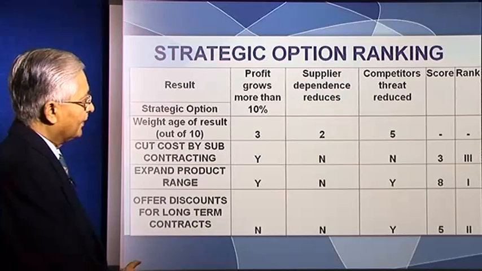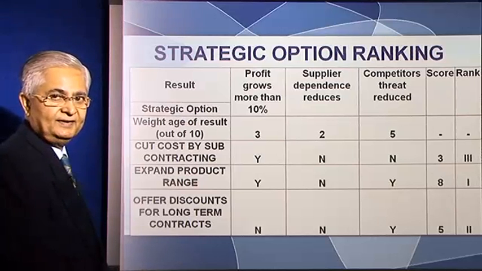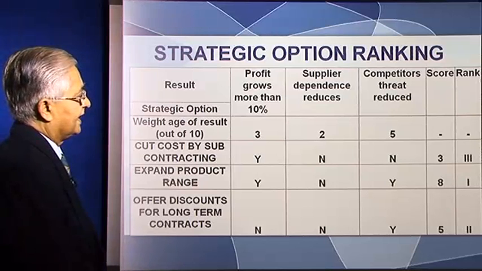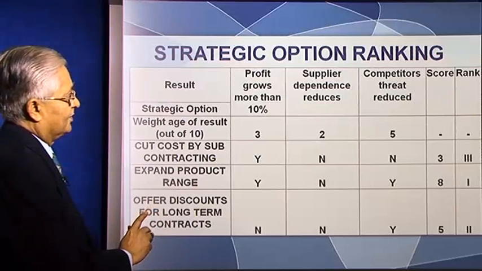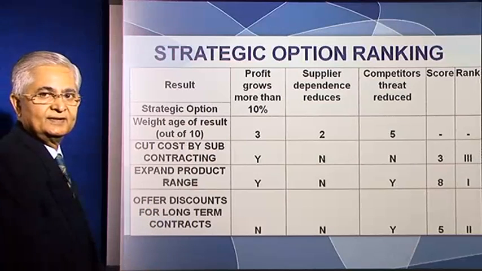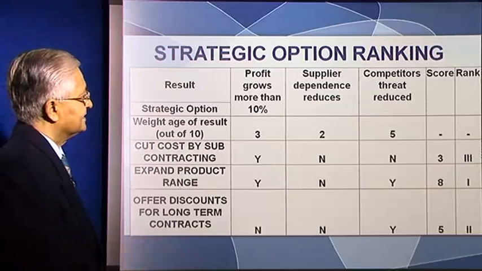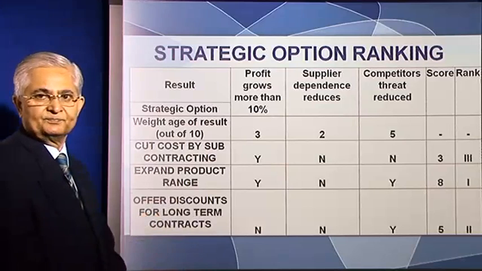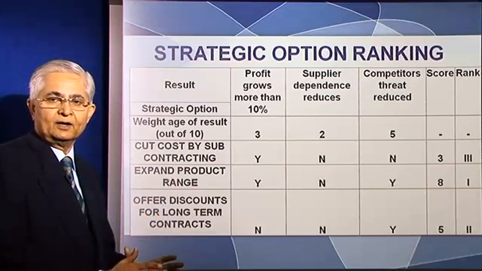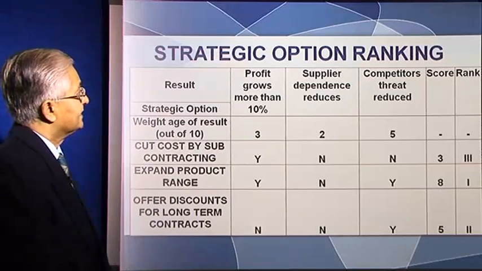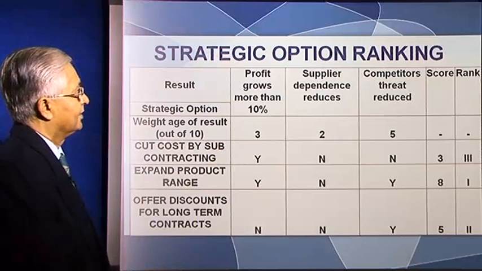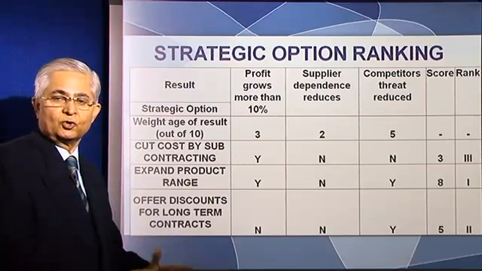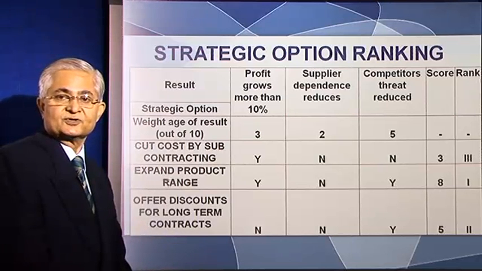Then we take each strategic option and evaluate it in terms of whether that particular key result area is met. And then we come to a score and rank them. So this ranking option is a comprehensive method of arriving at a decision on the choice of a strategic option.